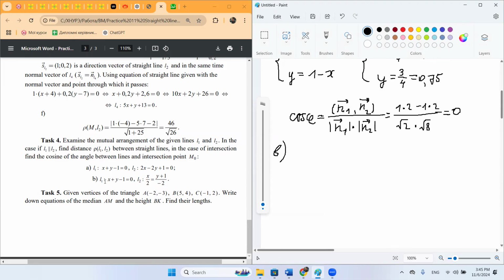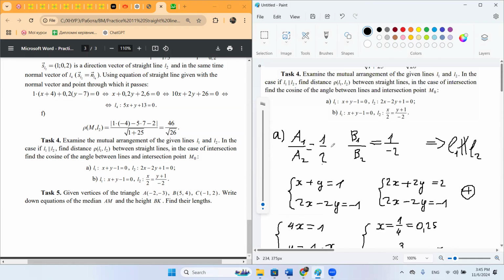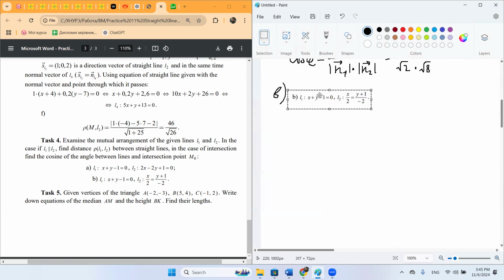Okay, so as well, we need to check these lines, their mutual arrangement. And first of all, I need to rewrite the L2 equation.